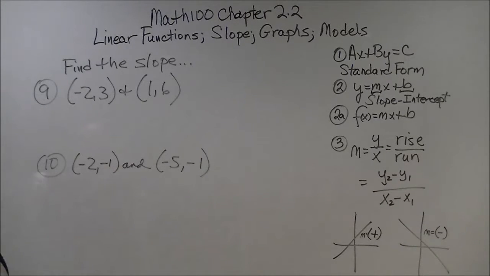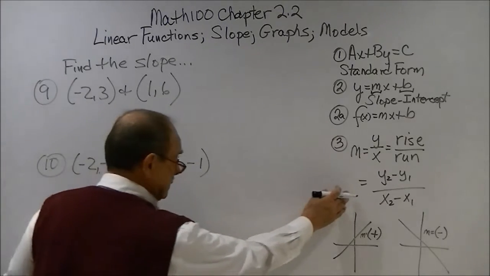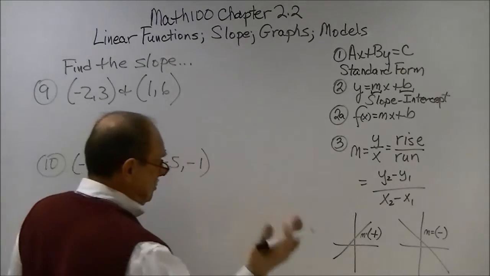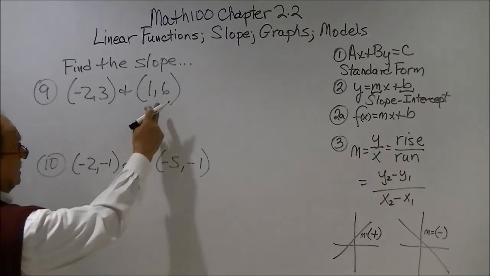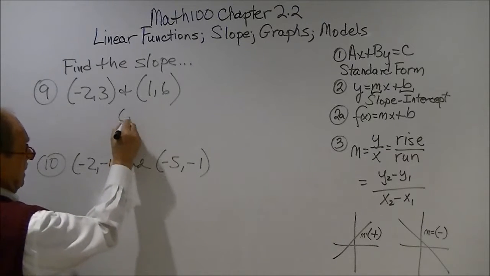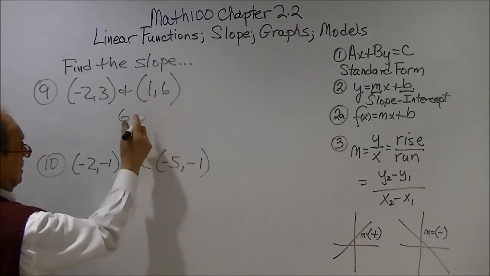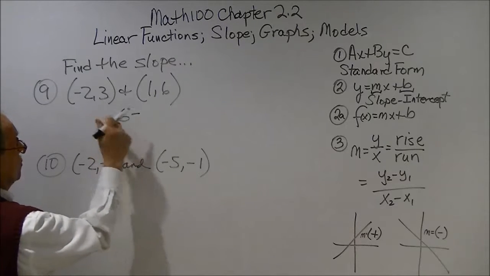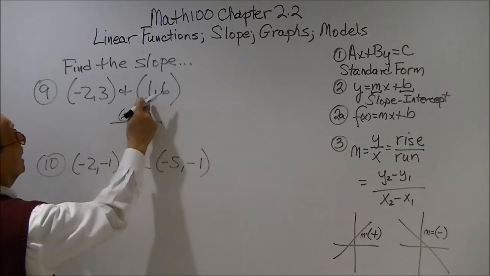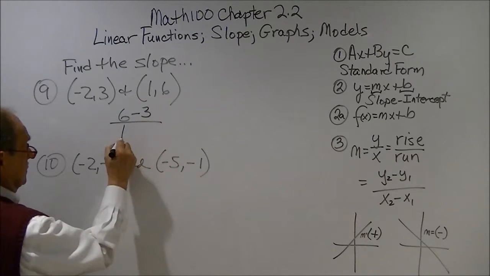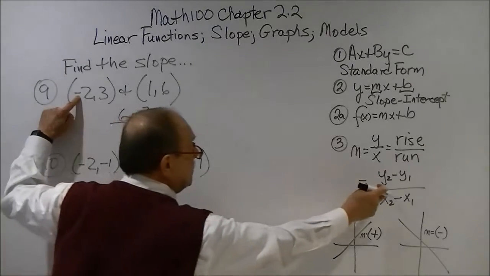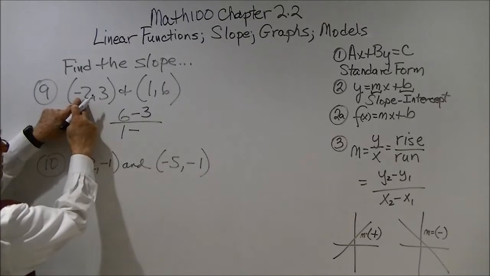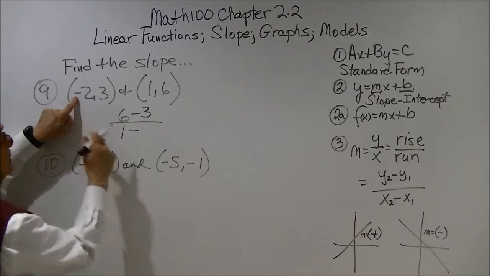All right, for 9 and 10, they want you to find the slope. And for that, we'll use this formula. And I've memorized it. You're going to have to work out a way to do it. The way I do it is I take this last point, that's my y sub 2, minus y sub 1, over x sub 2, minus, now this is where it's tricky. Minus is in the formula, and the actual term is a -2.